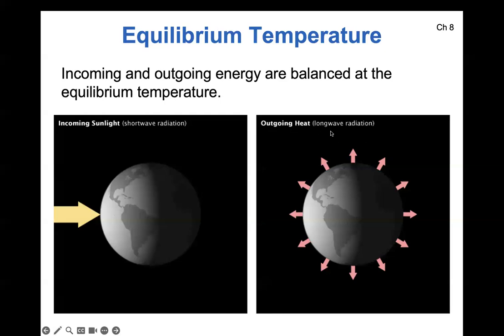And the outgoing heat is infrared, relatively long wave radiation at a few thousand nanometers. That has to do with black body radiation and the different thermal spectrums that are produced. But the point is that the planet will warm up until it's able to release a total amount of energy exactly equal to the energy it absorbed. So there'll always be an equal amount of energy coming in and going out.